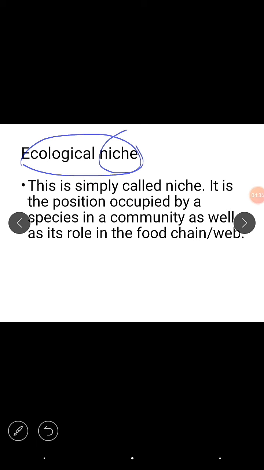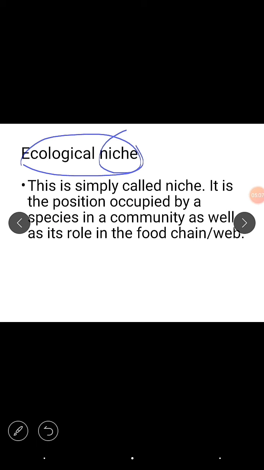But in this case, the particular point where an organism lives, for example, if you have a particular tree now, you have different parts where organisms can live. For example, a bird can live on the branch of the tree, okay, making its nest there. And another organism like insects, okay, can find themselves on the leaf, living on the leaf of the tree, okay.